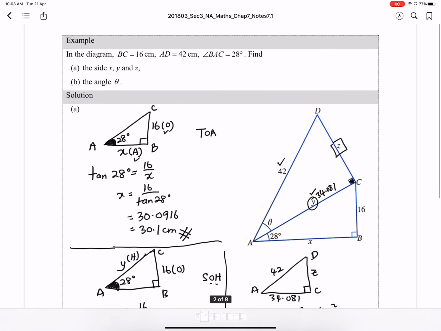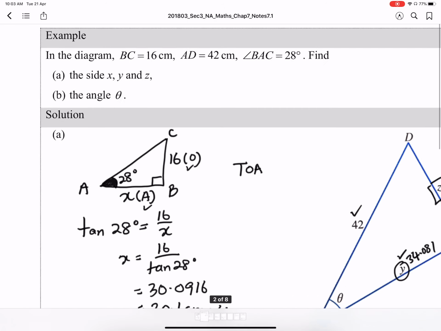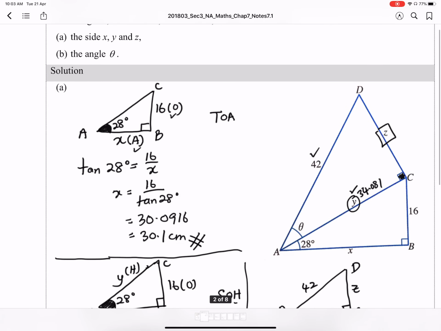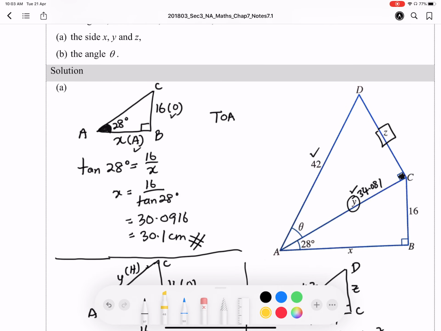The second part of the question is to find the angle theta. We can use the same triangle, this triangle here, the triangle that I've highlighted.